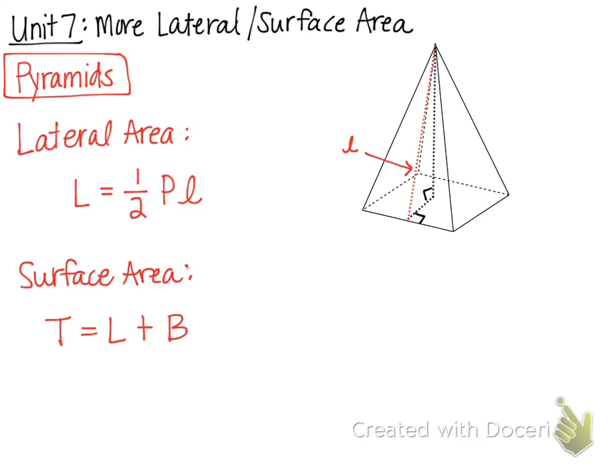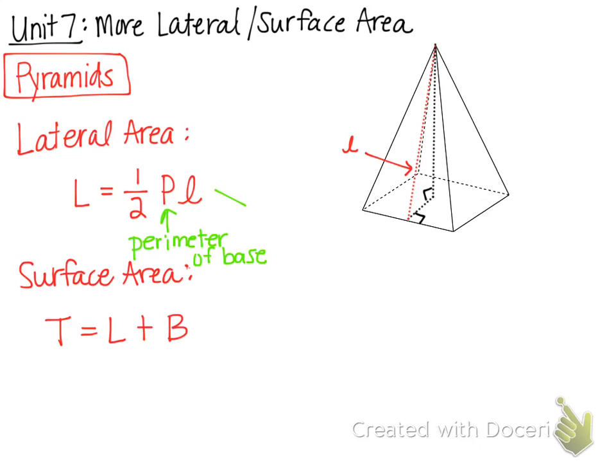So here are the formulas for lateral area and surface area of a pyramid. So this P right here represents the perimeter of the base.